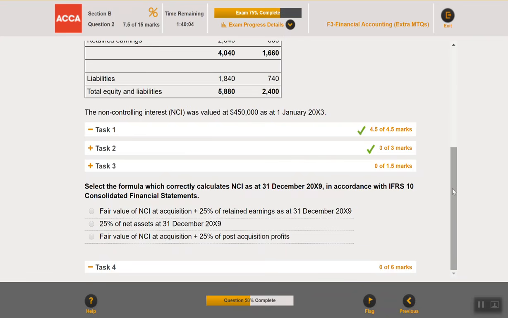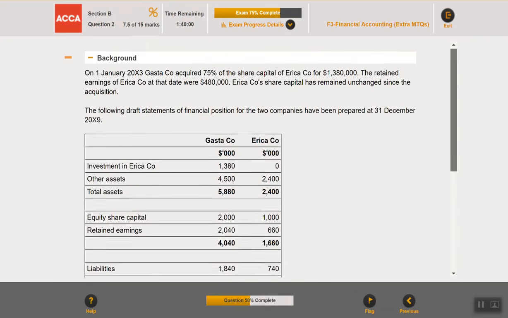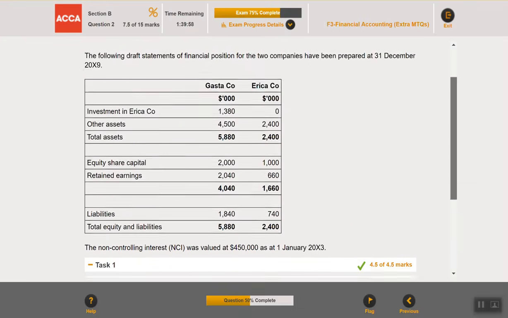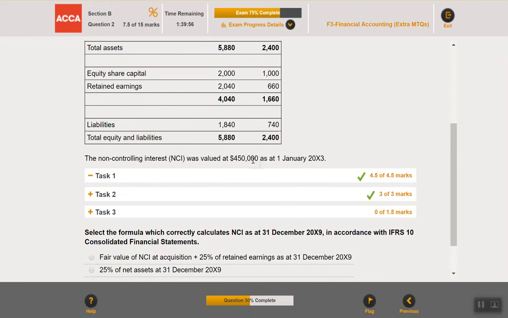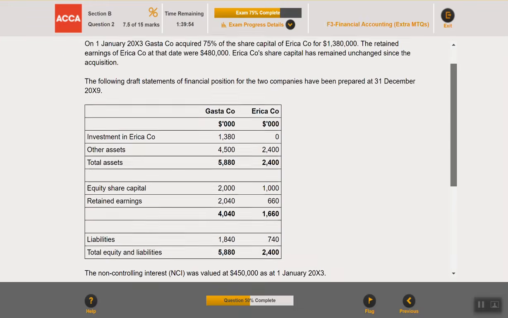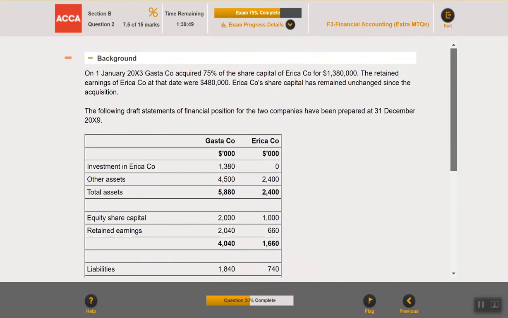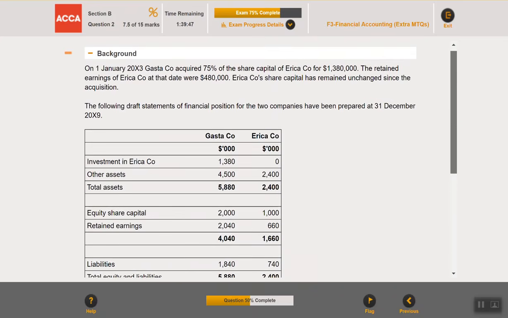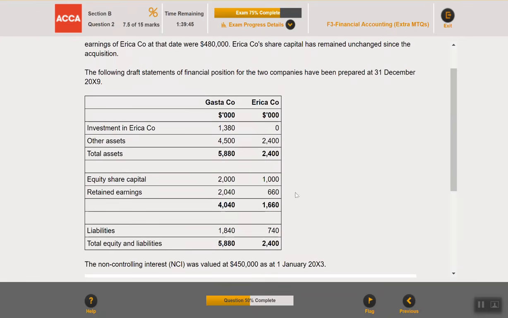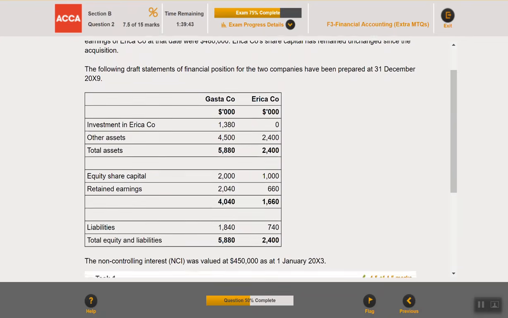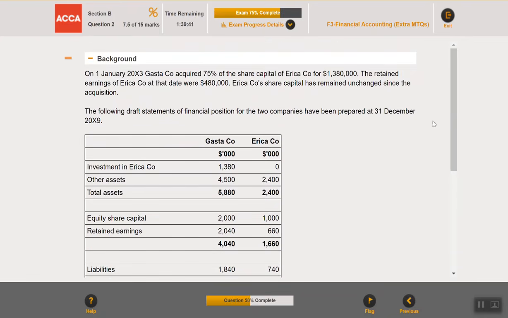Remember, whatever was NCI at the start, which is in this case 450, plus the change in net assets. If there is no PUP involved, it will be the retained earnings, which changed from 480 to 660.